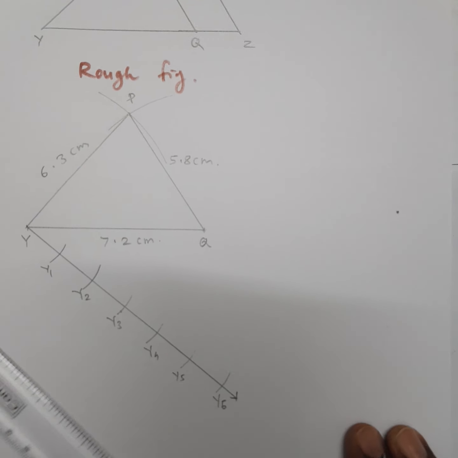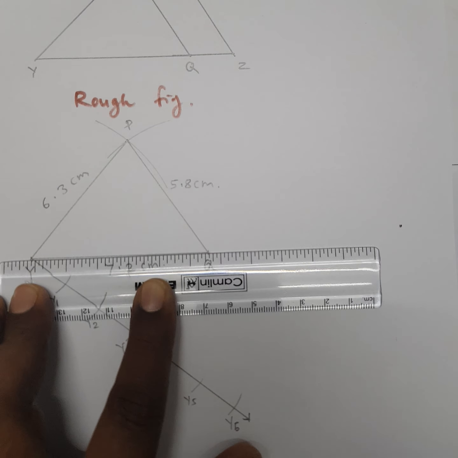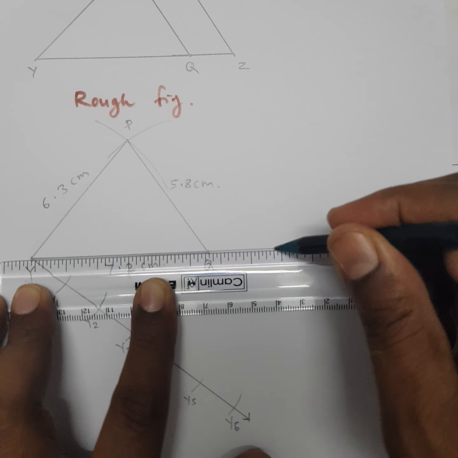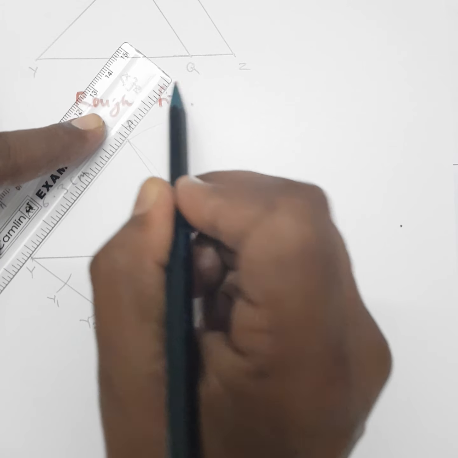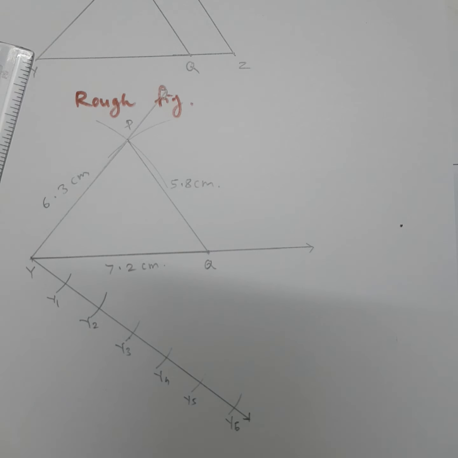Now triangle XYZ is larger triangle, therefore increase or extend the sides of triangle PYQ in this way. Now we will draw here first joint fifth point with point Q, because first we have given triangle PYQ.